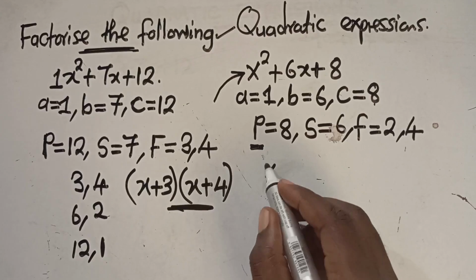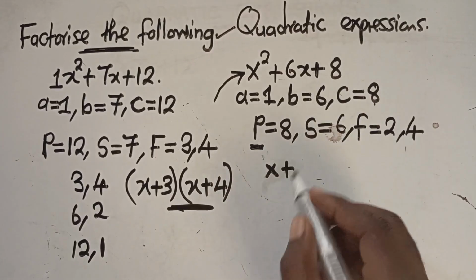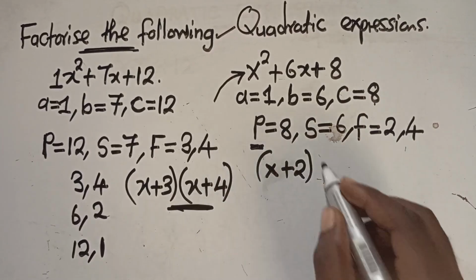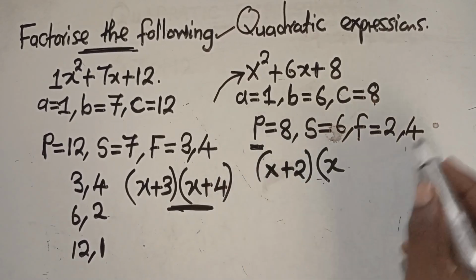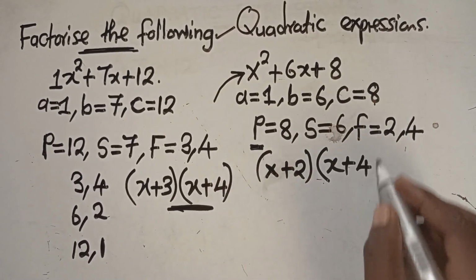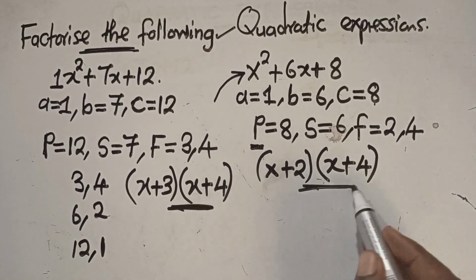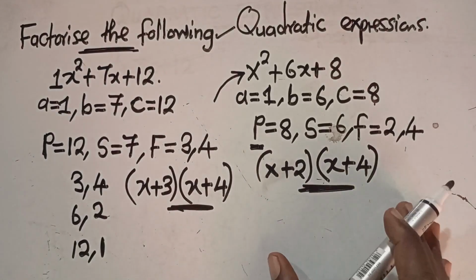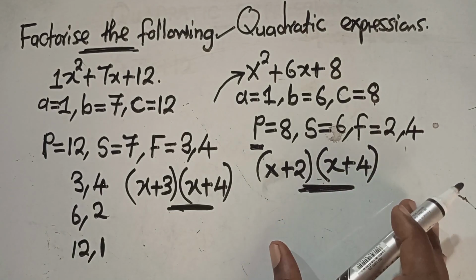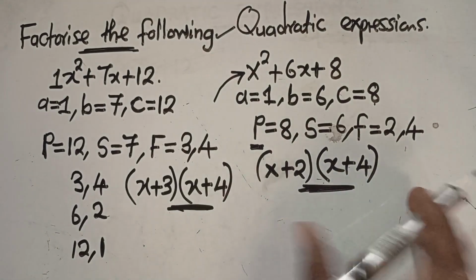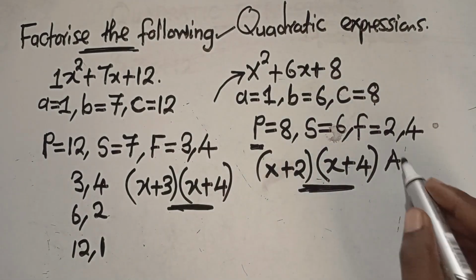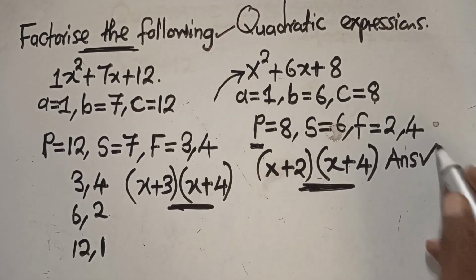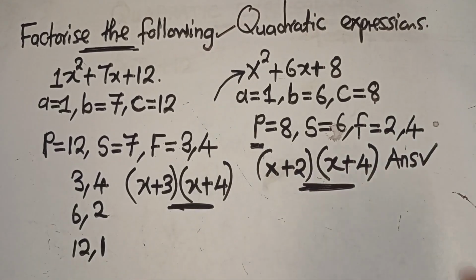So we say x plus 2, then x plus 4. This is the answer. So you factorize this, and this is how we get to answer questions in this manner.